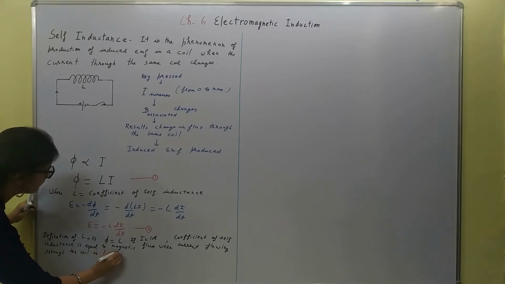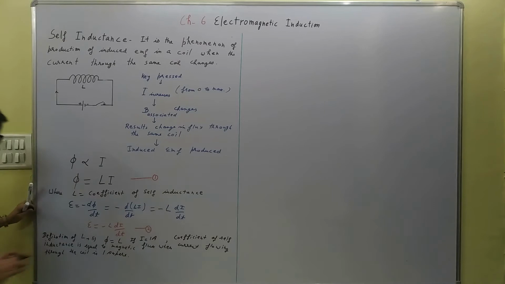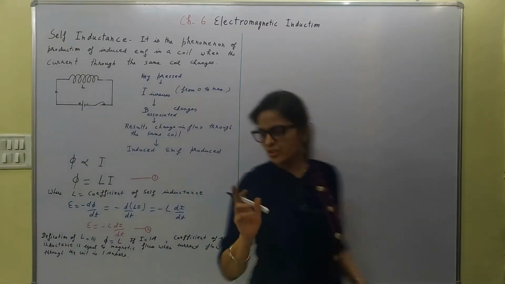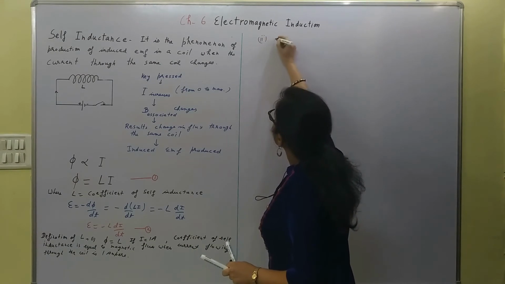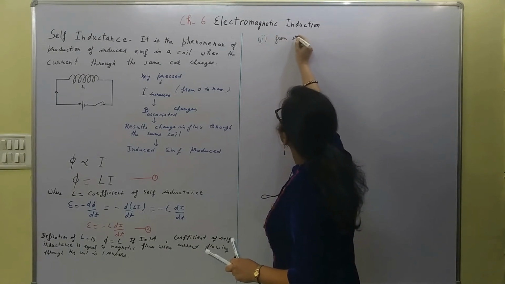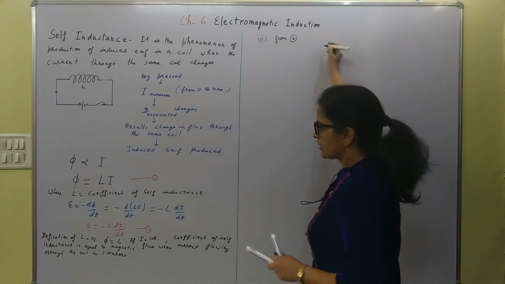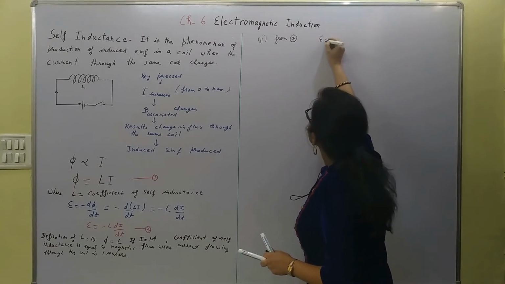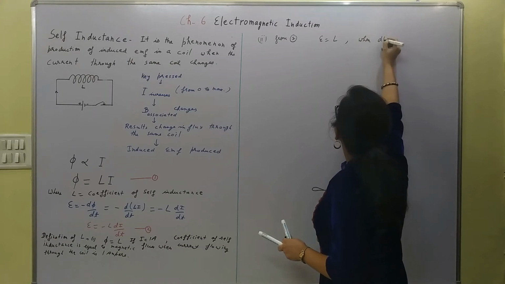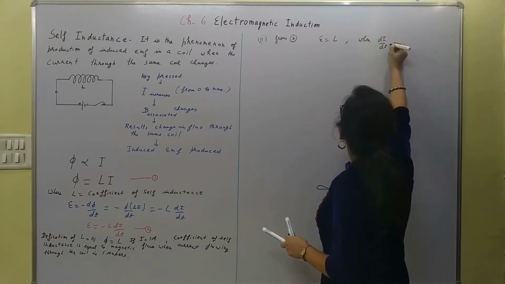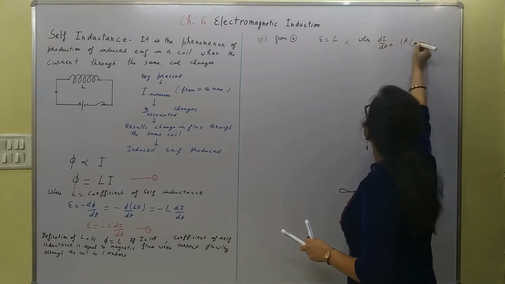Right? The second definition can be obtained from equation 2. From 2 we can write E is equal to L when di by dt is 1 ampere per second.